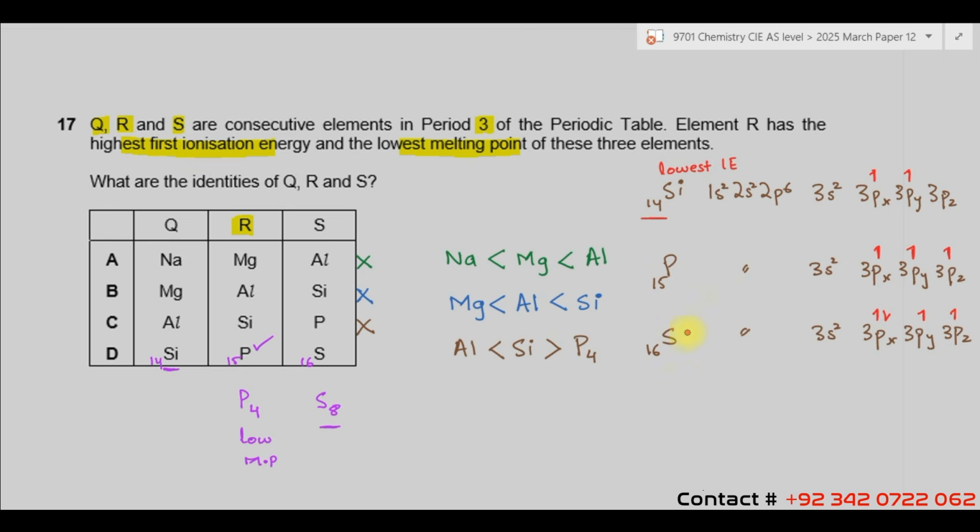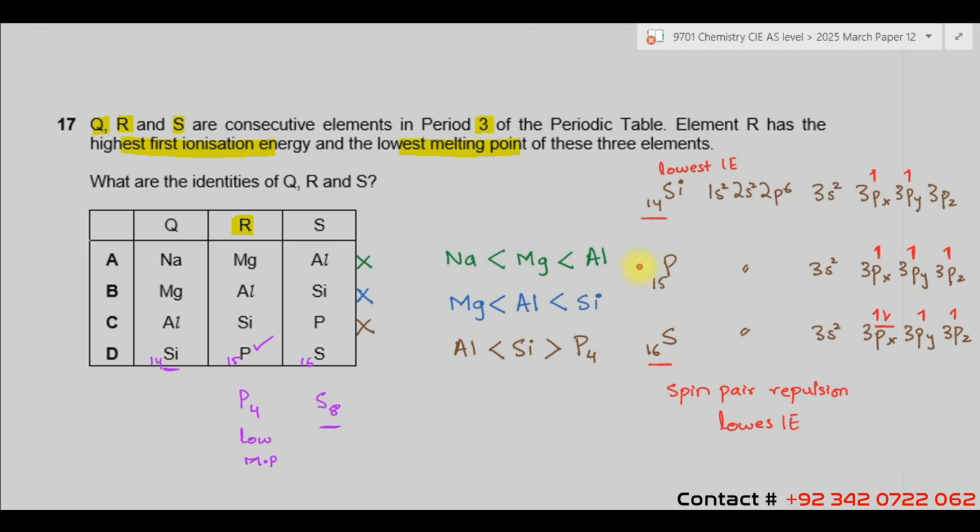Then if we look at phosphorus and sulfur, in sulfur we can see we have paired electrons. So there is something called spin pair repulsion. Due to spin pair repulsion, it is easier to remove this first electron because it is already being repelled by the other electron. So again we have lowest ionization energy.